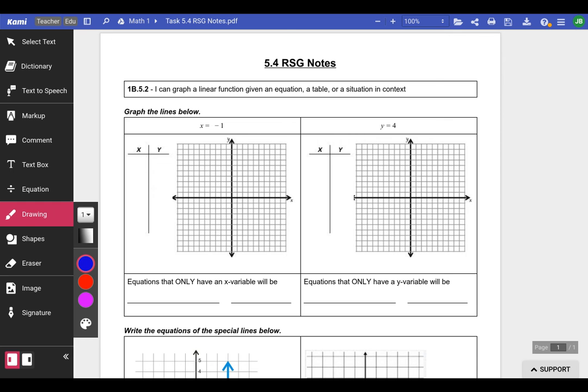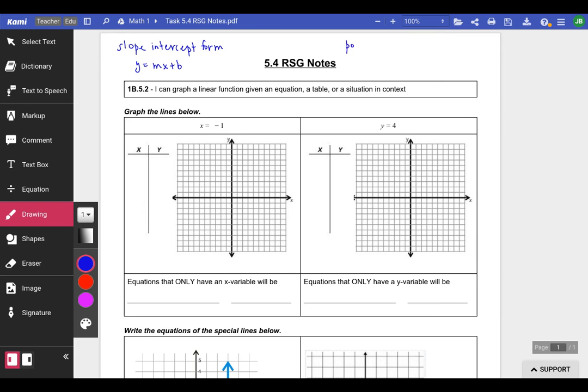So just as a quick review, so far we've learned three forms for linear equations. One of them is slope-intercept form, which we should all recognize is y equals mx plus b.